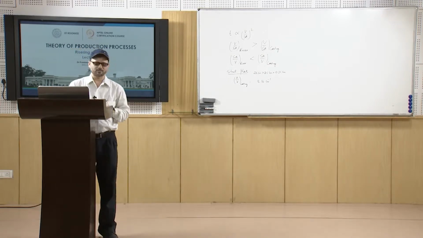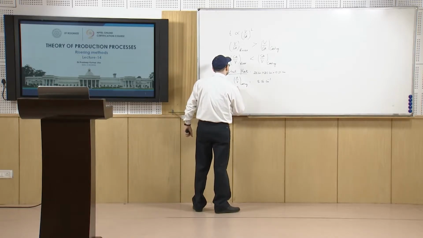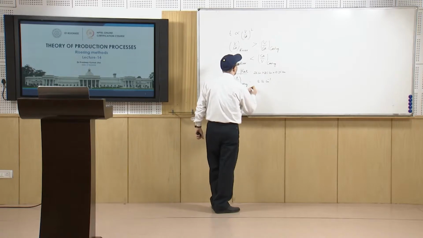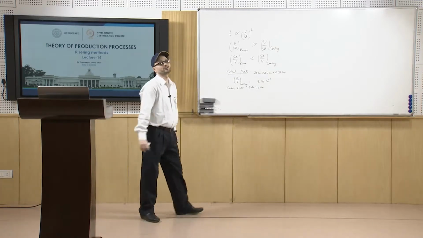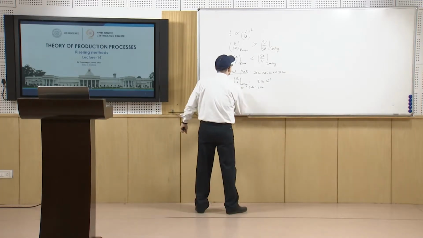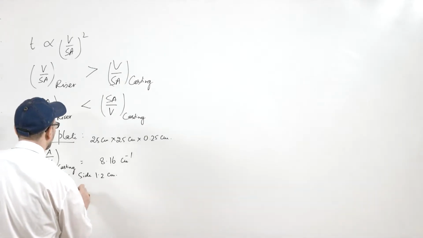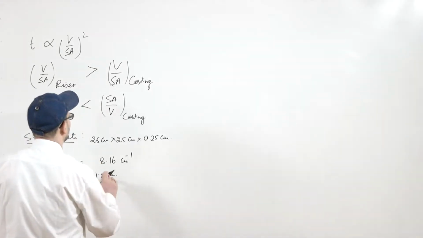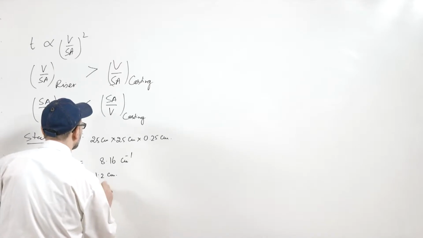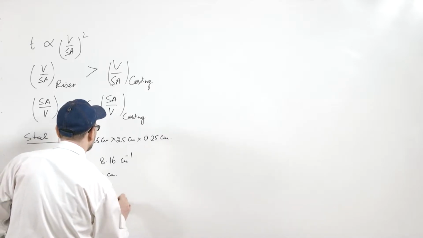Now, suppose we take a cubic riser of side 1.2 centimeter. Let us find its A by V. A by V of the riser will be 6 into 1.2 into 1.2 divided by 1.2 into 1.2 into 1.2.